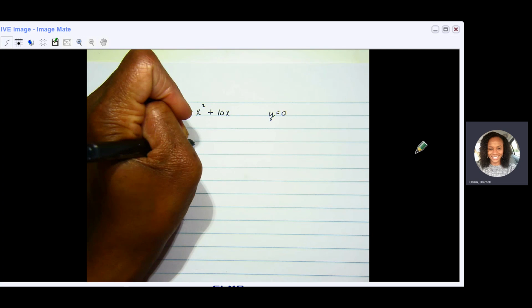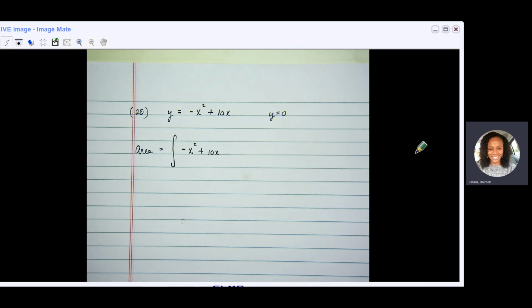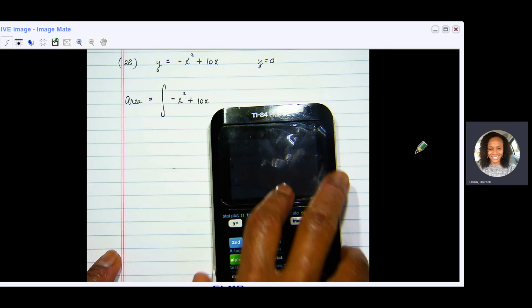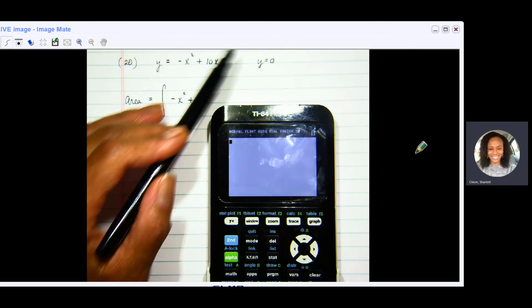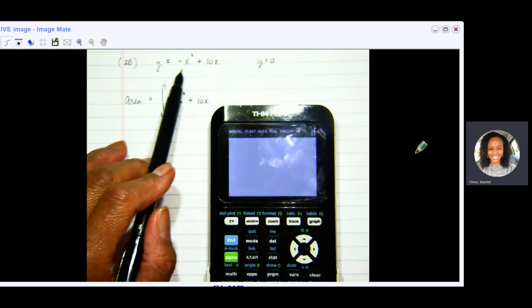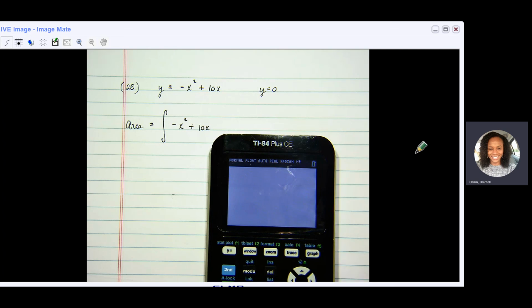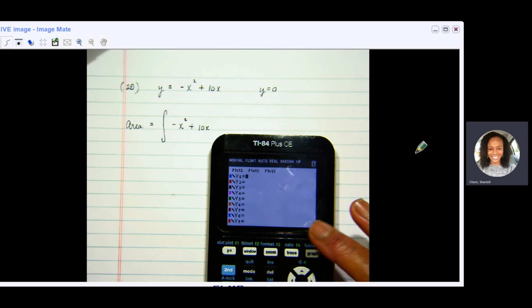So we're going to look at the graph of this function to see where we're graphing negative x squared plus 10x over. And we're told to let y equal 0. I guess we're cutting it off. This function, but we're talking about the region bounded by this graph and this graph. So at y equals 0, meaning we are just focused on the upper region above the x-axis.